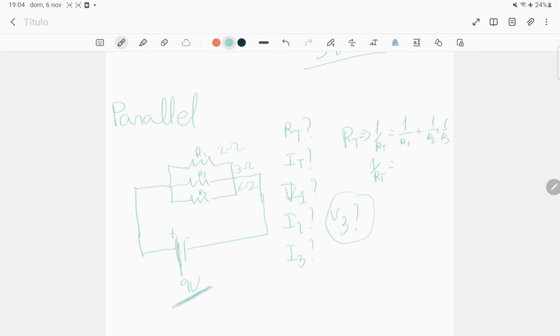Okay, so 1 divided by 2 plus 1 divided by 3 plus 1 divided by 6. Okay, first, we will have to make the minimum common multiple.